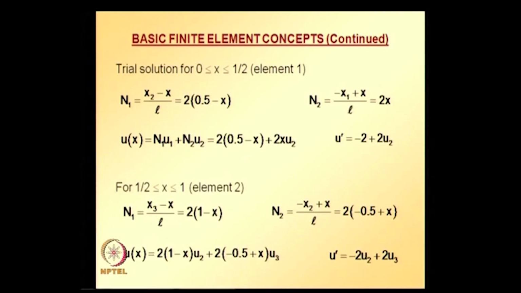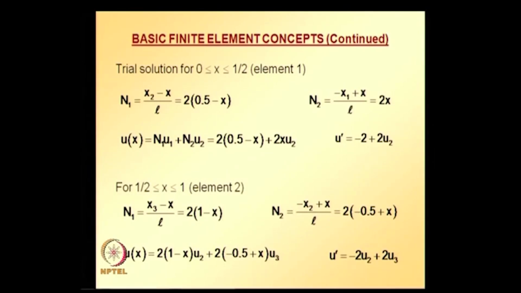and here both u2, u3, the nodal values at node 2 and node 3, are unknown. So, the trial solution turns out to be u is equal to 2 times (1 minus x) u2 plus 2 times (minus 0.5 plus x) u3, and the derivative of it is minus 2 u2 plus 2 u3.